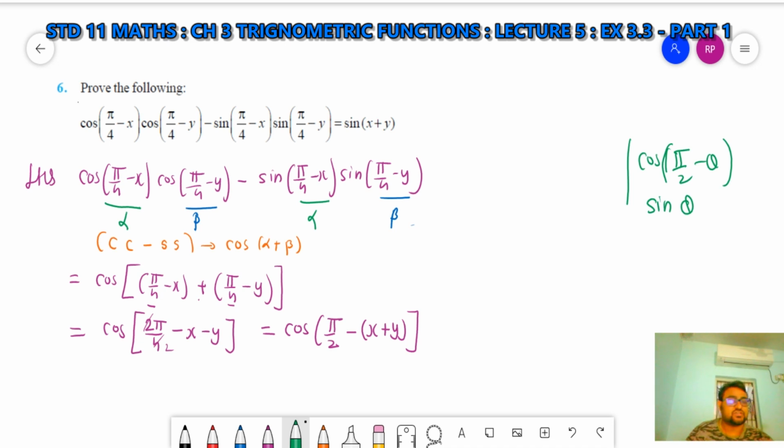Remember, because this is the complementary. So what answer will I get? If I consider x + y as theta, I need to change cos to sine, as it is pi/2 shift, and sin(x + y). This is equal to RHS. Clear? So note down question number 6.